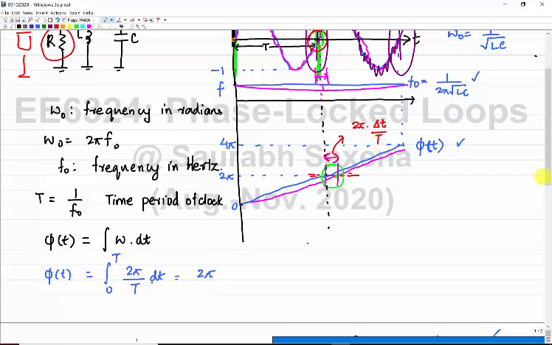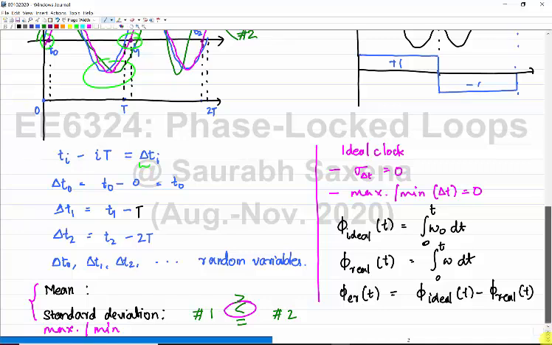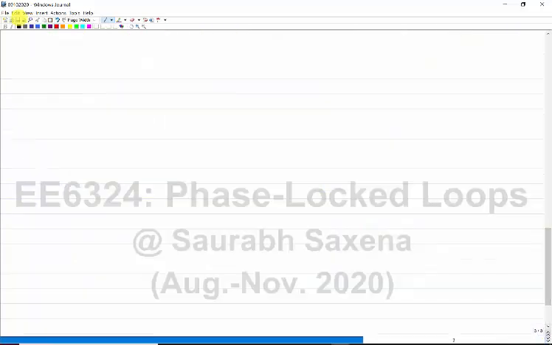Let me elaborate on this because this will be a critical part. Let us say I have an ideal sine wave, and then I have another sine wave which I am stretching.